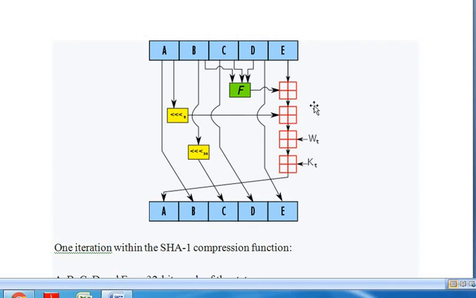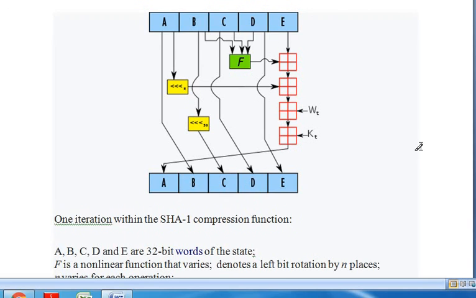I mentioned compression, what compression takes place and how the hash works. That is important, and how the hash works is shown here. The different blocks are converted into A, B, C, D, E. Left rotation, left shift and right shift operations happen periodically. After the left and right shifts, we perform many modular operations.